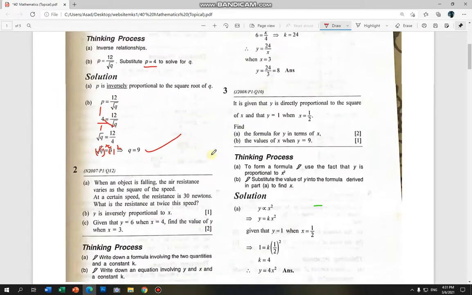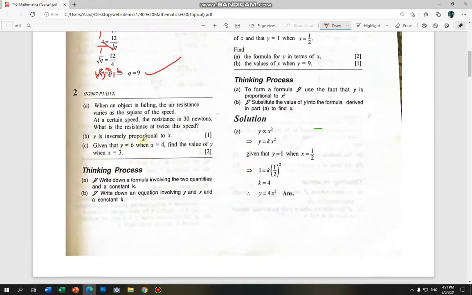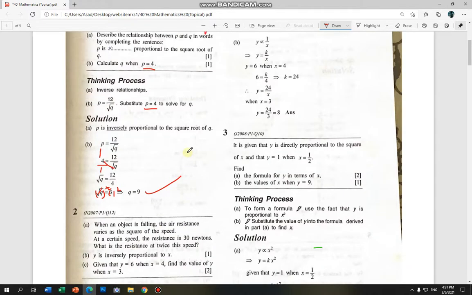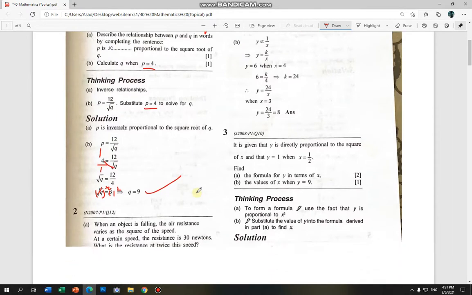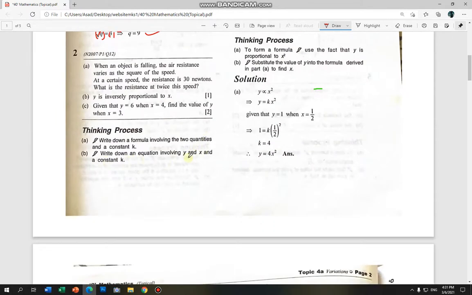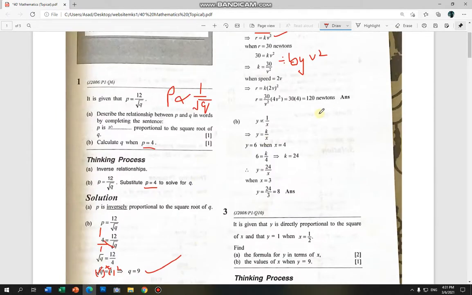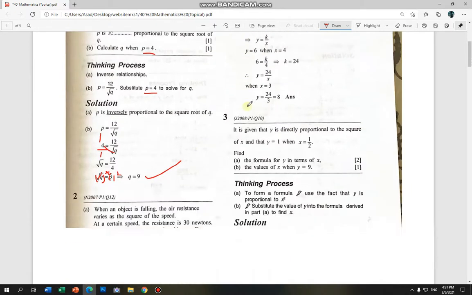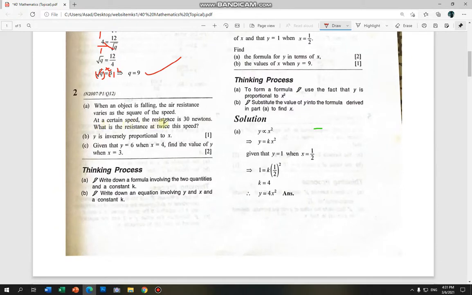Now in the second, Y is inversely proportional to X. Given that Y is equal to 6 and X is equal to 4, find the value of a constant K. Now in the second part, here it is saying at a certain speed the resistance is 30 Newton.